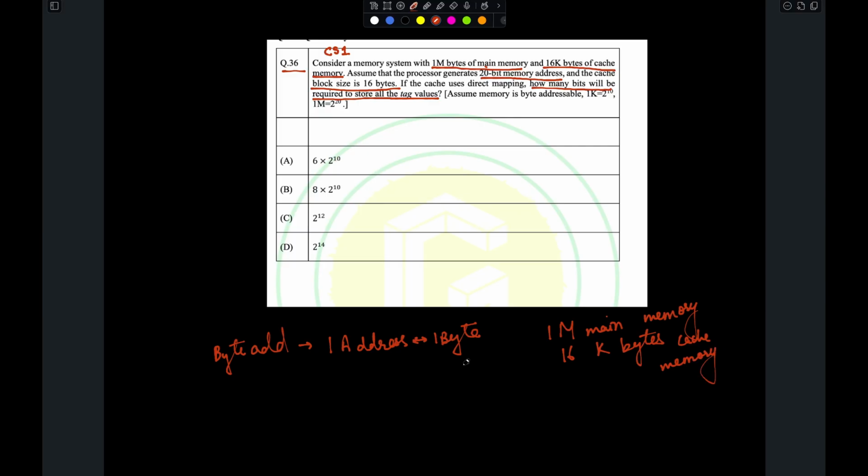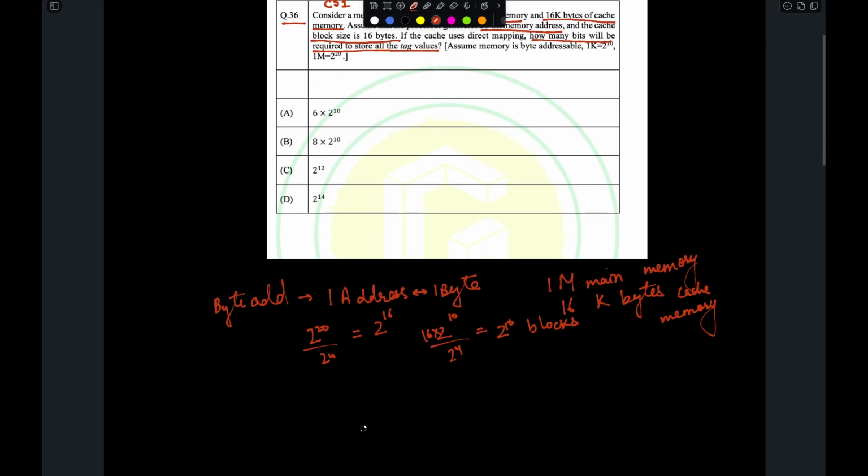Since main memory is 2 to the power 20 and the block size is 16 bytes, the number of main memory blocks would be 2 to the power 16, and similarly the number of blocks in the cache memory would be 16 into 2 to the power 10 upon 2 to the power 4, giving us 2 to the power 10 blocks in cache memory.